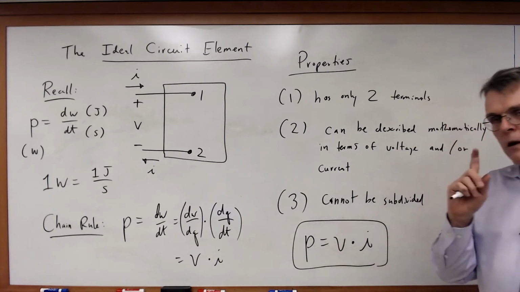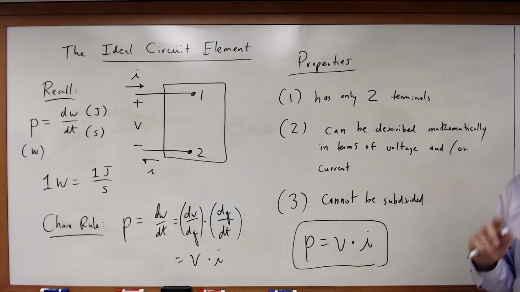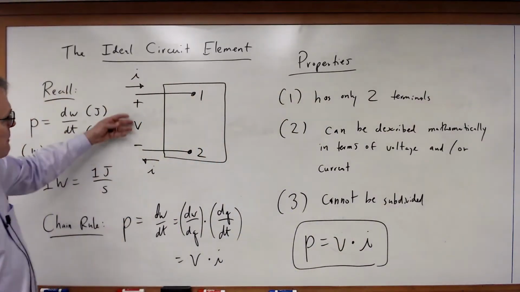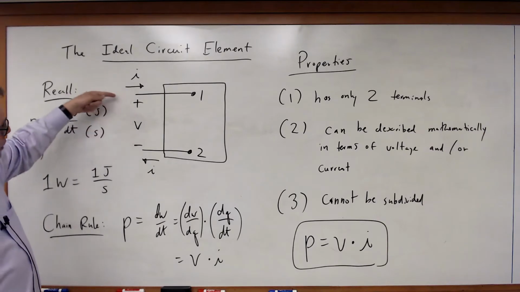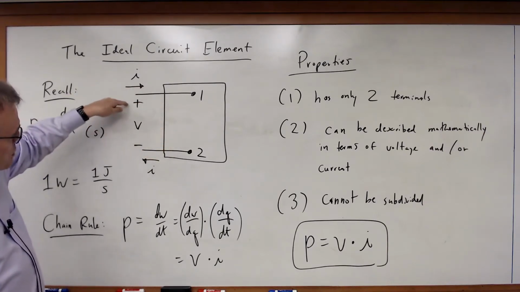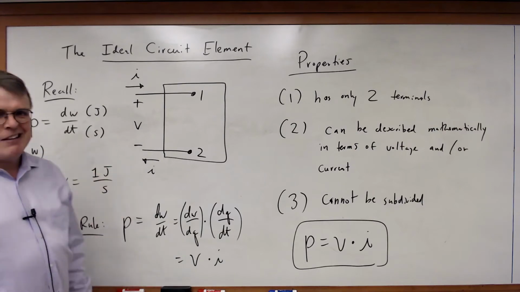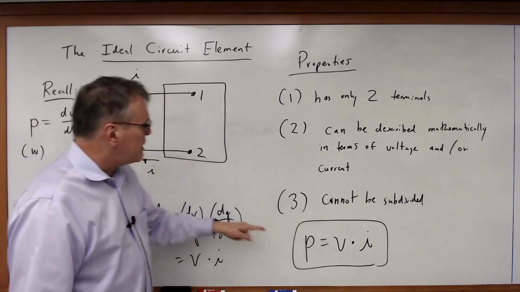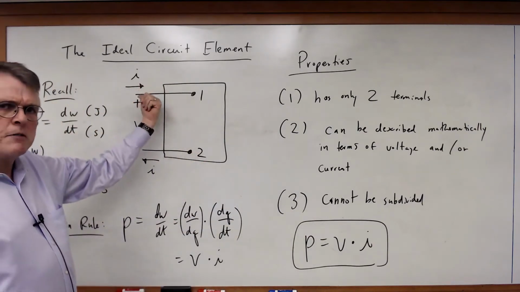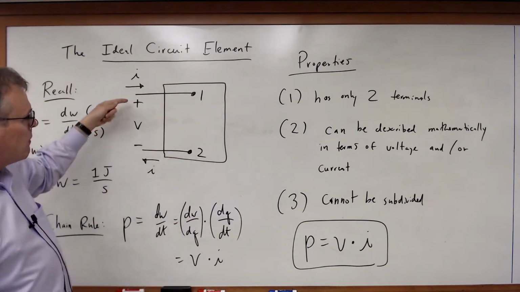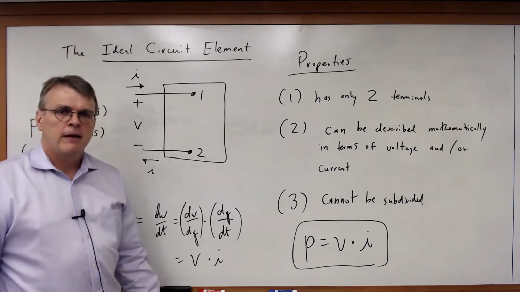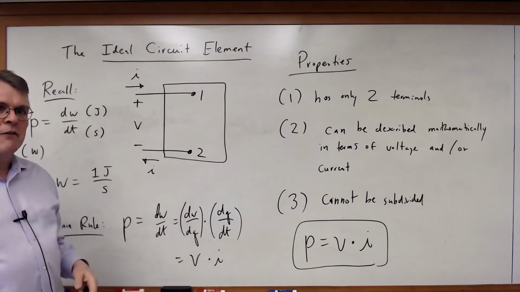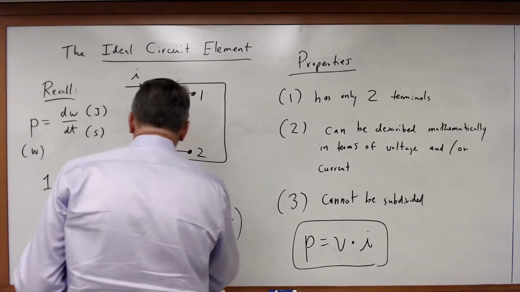Now, if you look at this, you notice there's something here we haven't defined yet. I'm just saying P is equal to V times I, but as I said before, the way I defined the current going in and coming out and the voltage positive to negative was kind of arbitrary. How would this definition change if the current was flowing in the opposite direction, or if the voltage was negative to positive? As it turns out, we can arbitrarily define that either way.